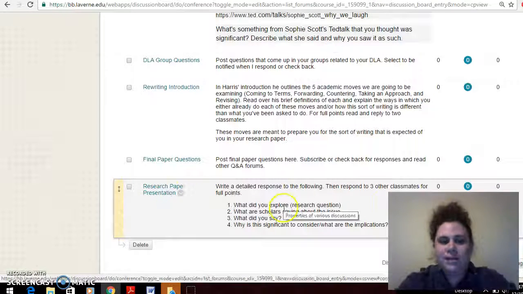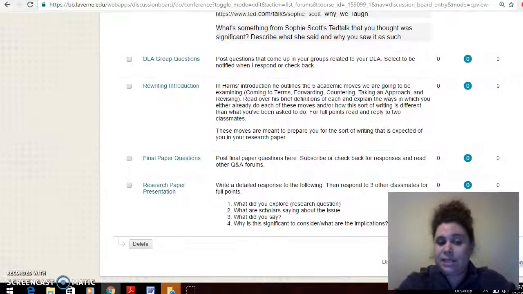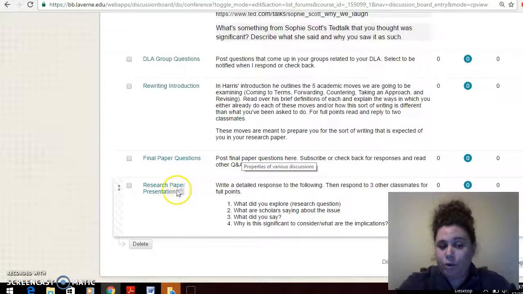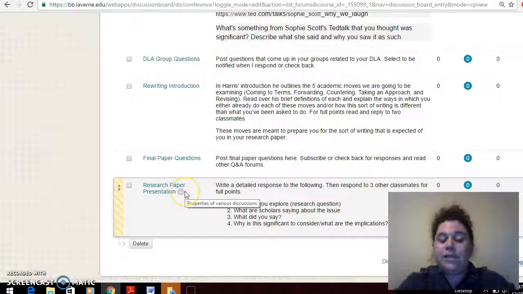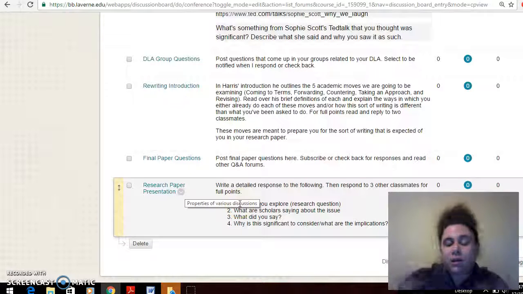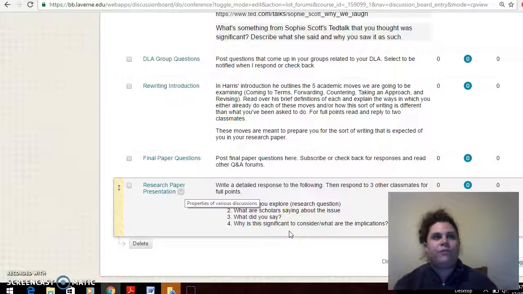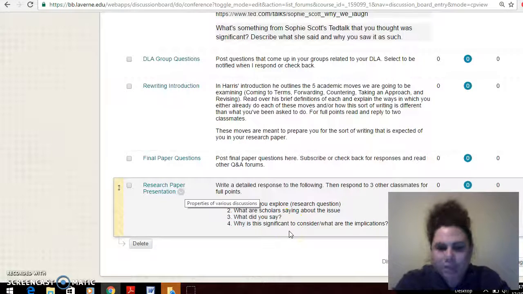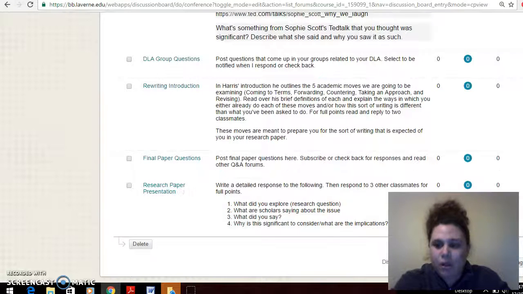Students will receive a detailed rubric for this as we get closer to finals week. But this is just to give them an overview of what's coming so they can prepare themselves as they write their research paper. We will go into more detail with this in class as the time approaches.